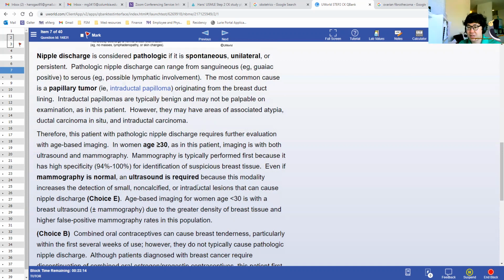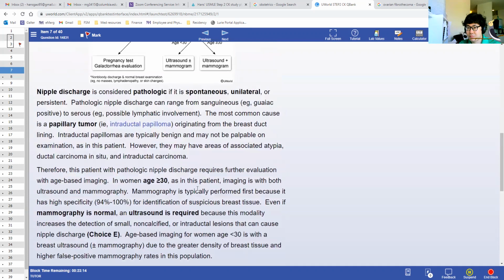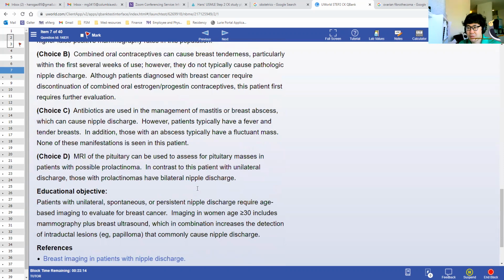Ultrasound is better at detecting non-calcified intraductal lesions that can cause nipple discharge. Maybe this is more of a protocol thing. Imaging in women over 30 includes mammography plus breast ultrasound, which in combination increases detection of intraductal lesions that commonly cause nipple discharge.